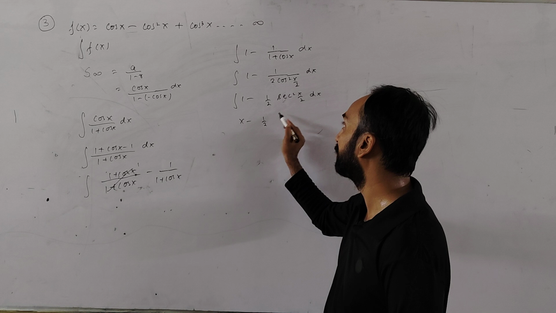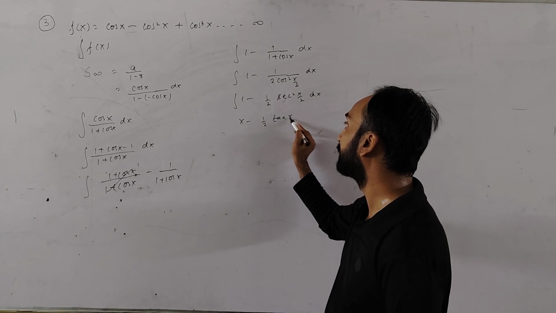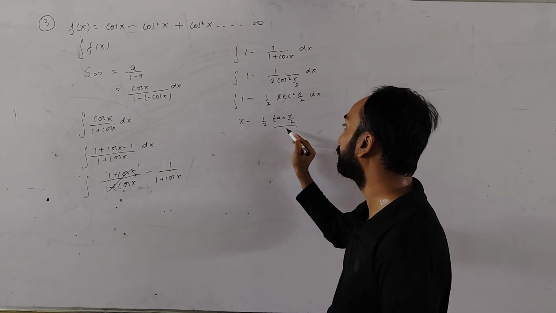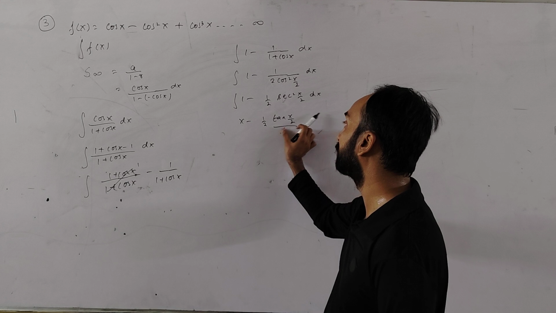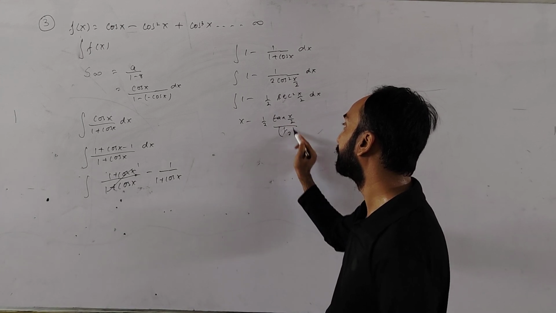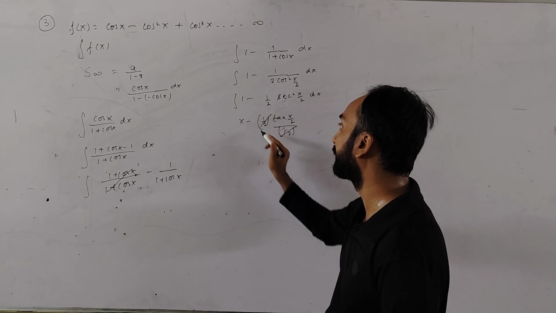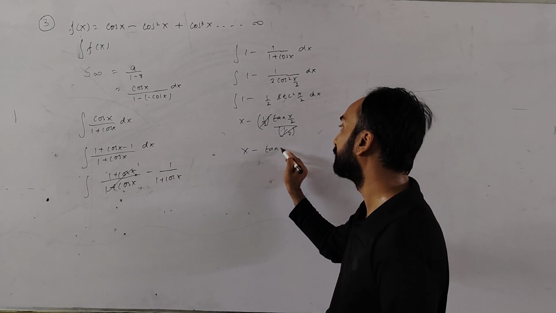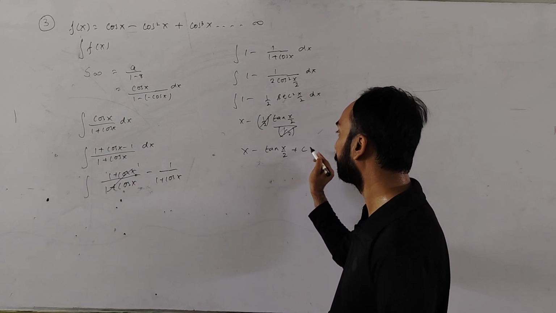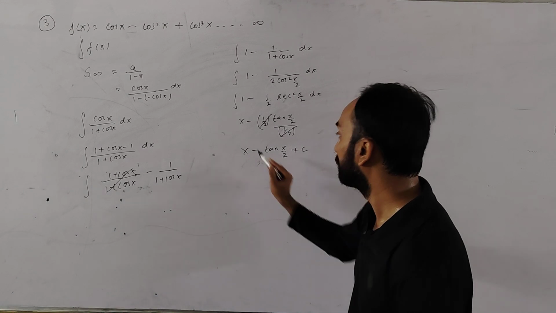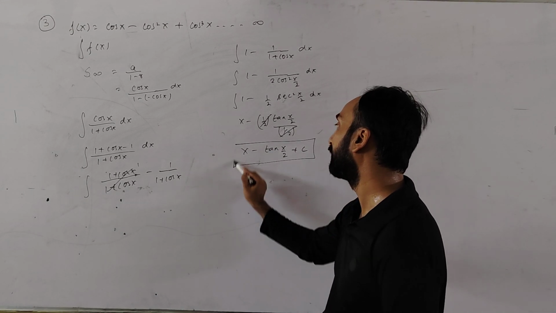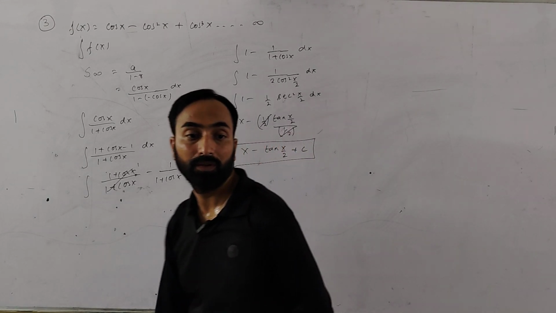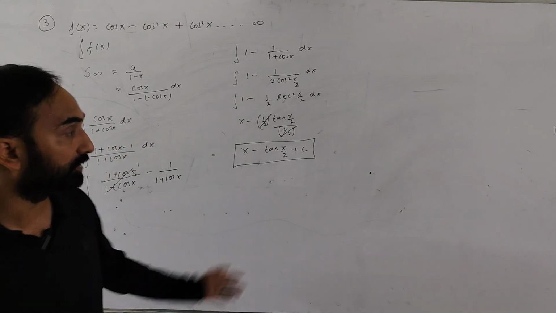The half stays outside, and the integral of secant square x by 2 is tan x by 2 divided by 1 by 2. This 1 by 2 and this 1 by 2 will get cancelled. So finally I will be getting x minus tan x by 2 plus c. So the final answer will be x minus tan x by 2 plus c.